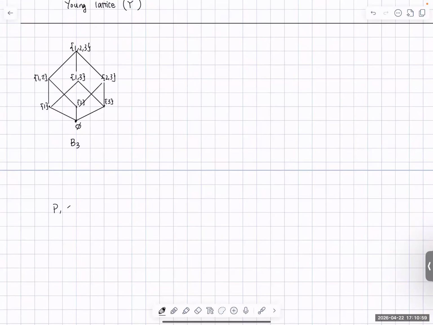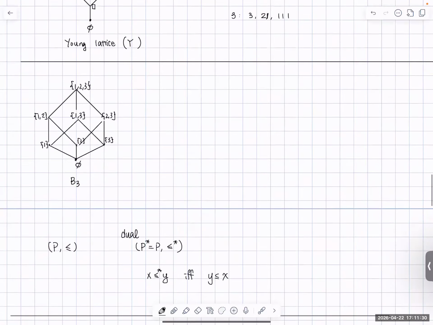If I have P, a poset, the dual is the same P, and some people like to use P star. But the new relation says that X is in the new relation if and only if Y is in the old relation; they are flipped. If you look at the Hasse diagram, it's really just flipping the whole thing.